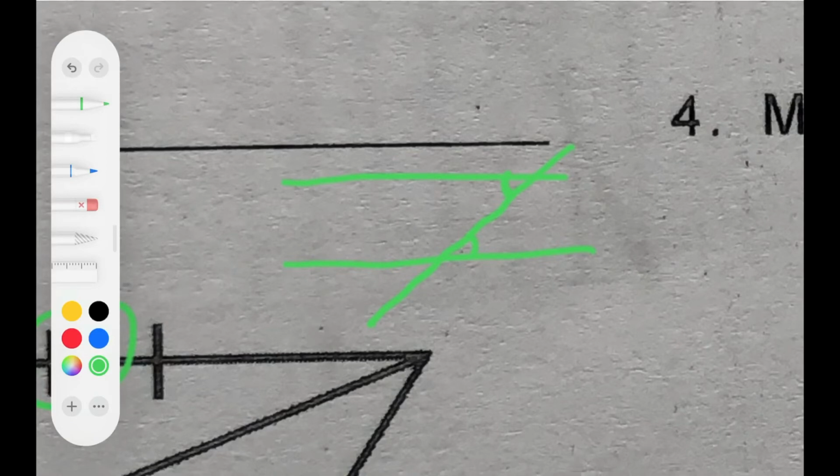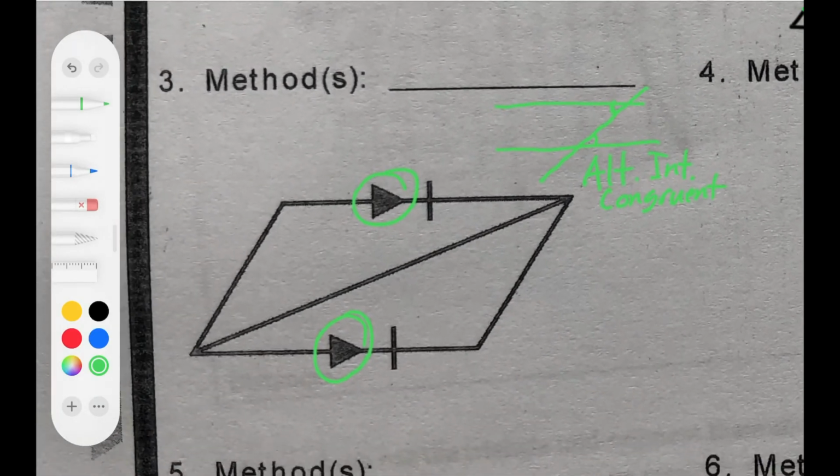What would they be? Hopefully we remember alternate interior angles, and they would be congruent angles. So that means if we go back to our figure, this angle and this angle are congruent.